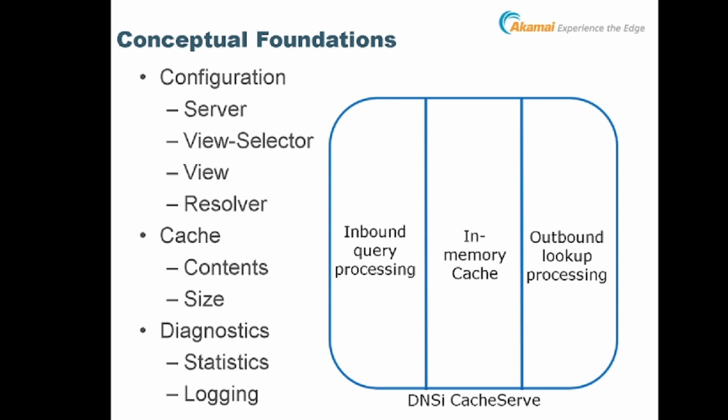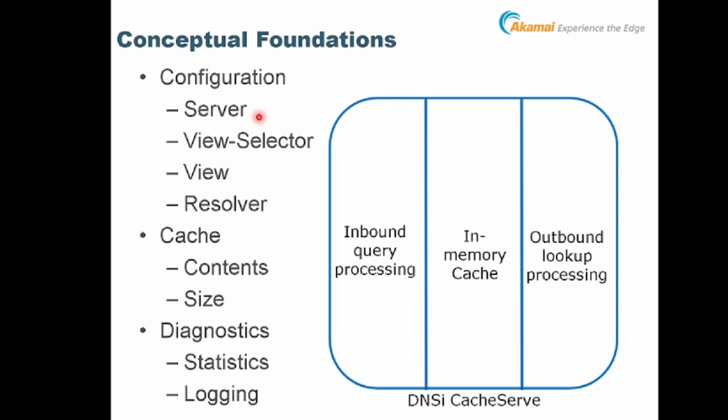So this box represents the process, the DNSI CachEServe process, and mapping that functionality to different elements of the configuration. So the server object will be familiar to you. The way it's configured is different. The statements for determining the listening IP addresses look different and contain different types of information.